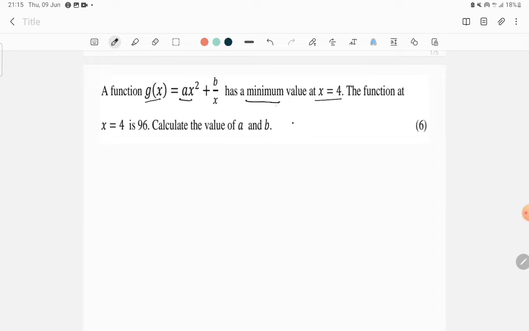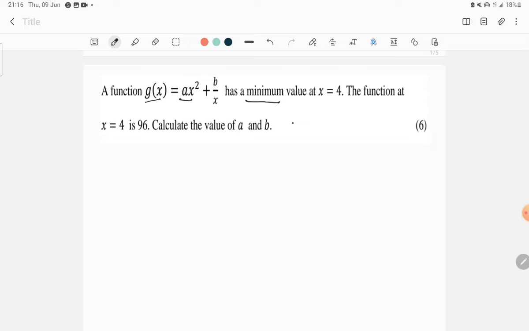Once they say minimum value, this is the specific turning point, which is the minimum turning point. x is equal to 4 there, and the function at x is equal to 4 is 96, which means the function itself is 96 at x is equal to 4. Then we are required to calculate the values of a and b.